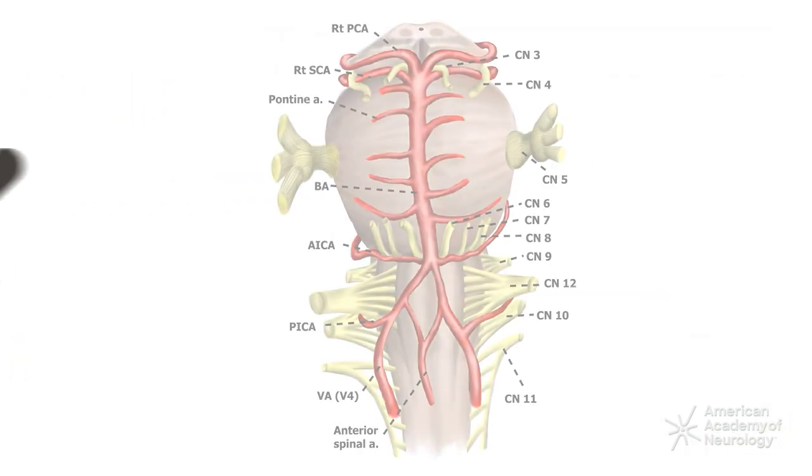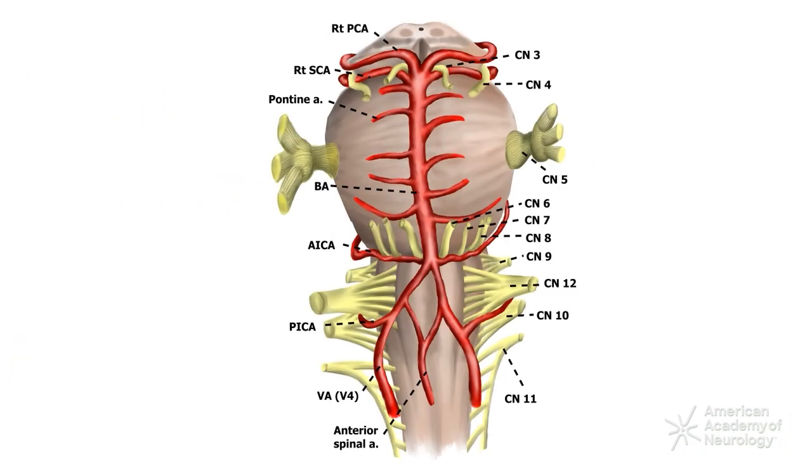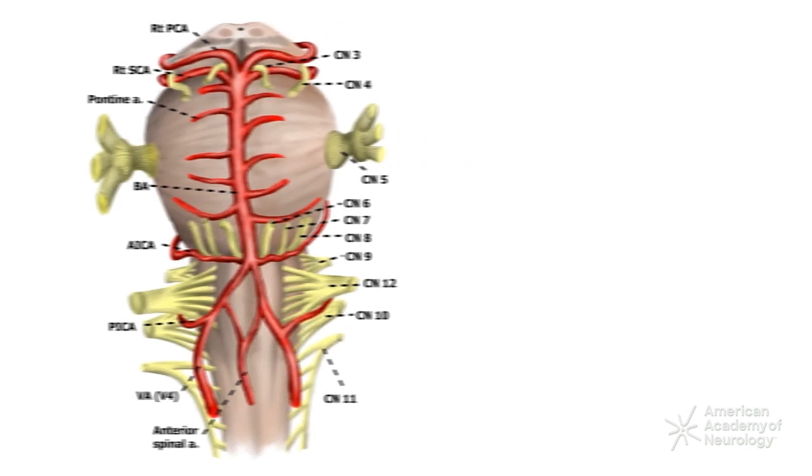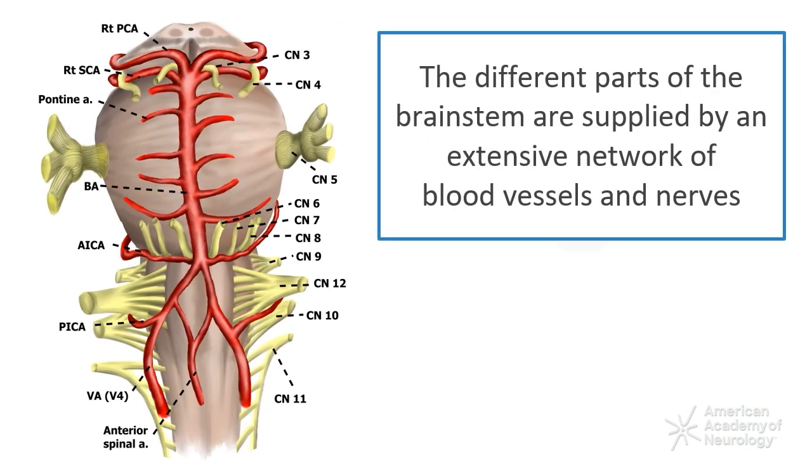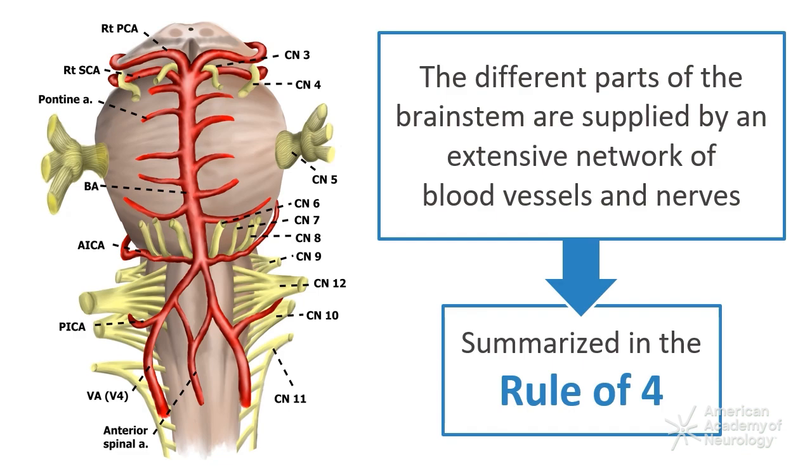The brainstem consists of the midbrain, pons, and medulla. The various pathways that traverse the brainstem and the cranial nerve nuclei contained within it can be simplified by the rules of 4.